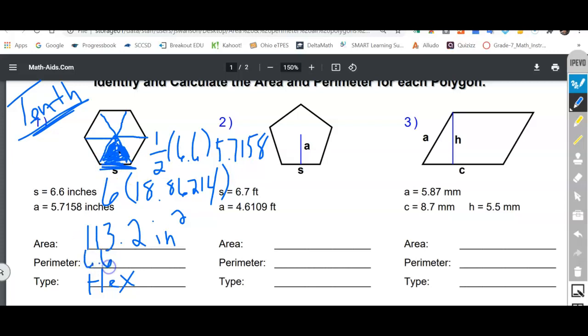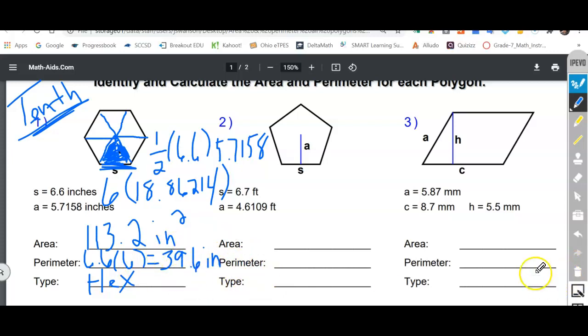So you could go 6.6 plus 6.6 plus 6.6, 6 times, or you could take that 6.6 times 6, right? Because since we're adding the same number 6 times, you could just multiply it by 6. Either way. And what do you get? Amir, you get an answer there? 39.6. Is that correct, everybody? And that would be inches.